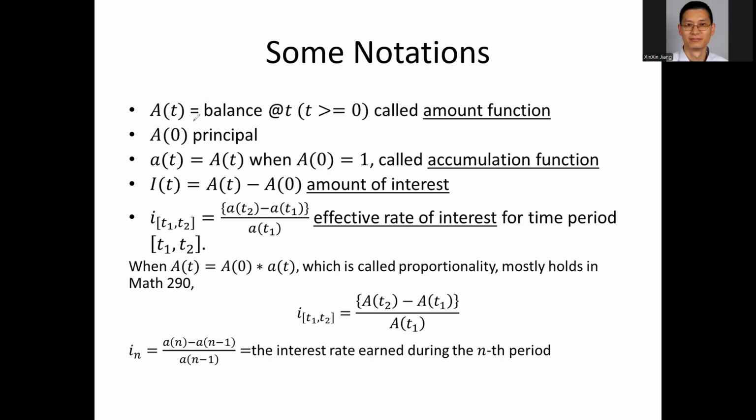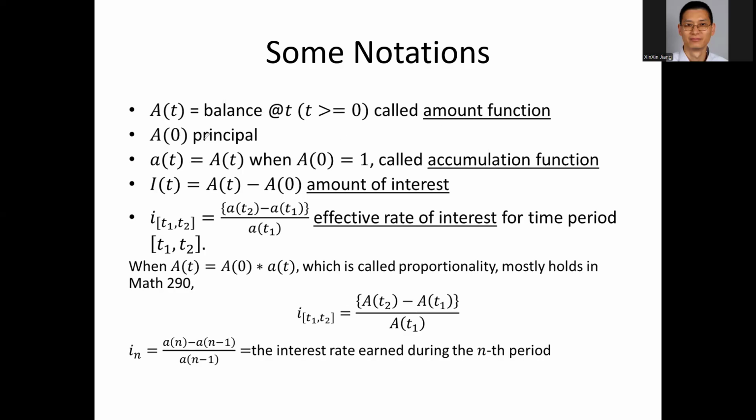Capital A(t) is usually used to denote the balance of an account at time t. When we say account, it could be an account of investment, it could be an account of borrowing. So capital A(t) is the amount.